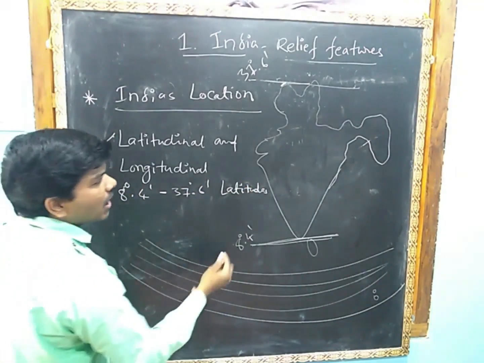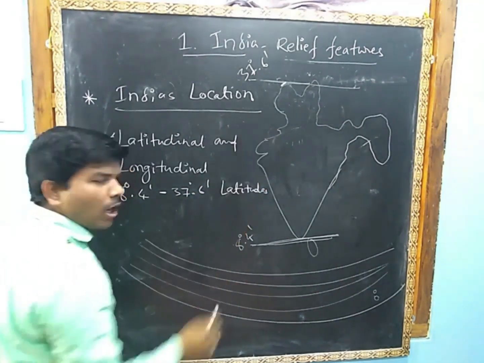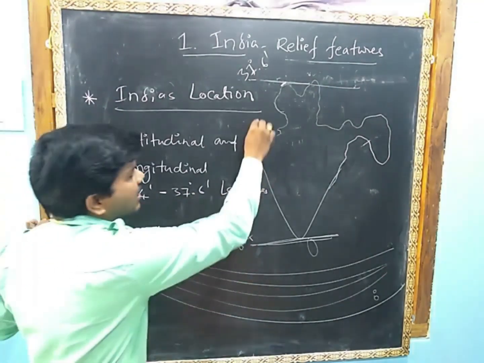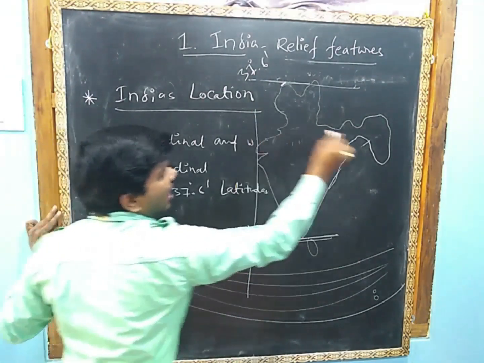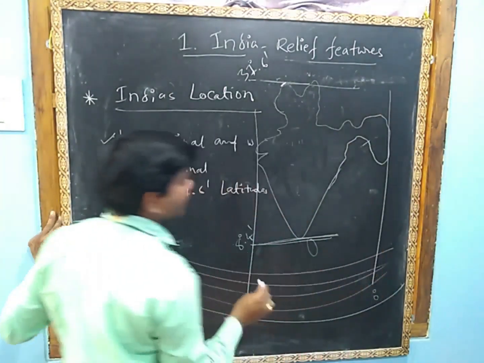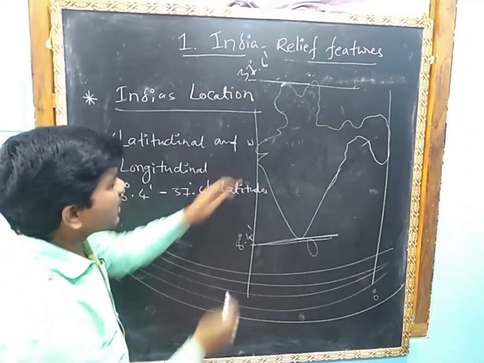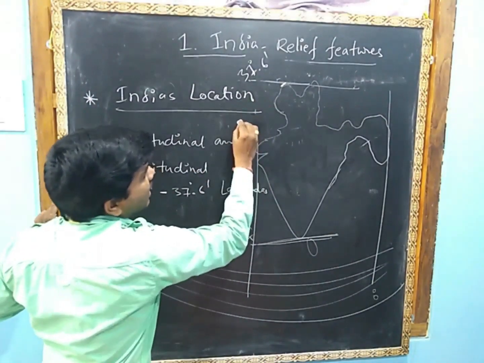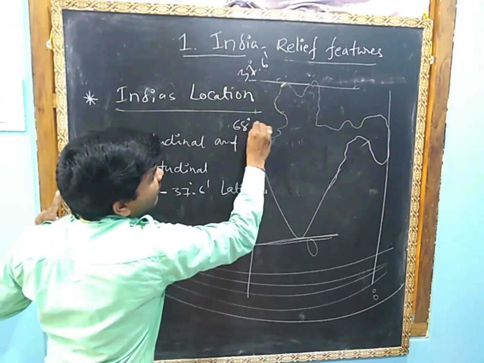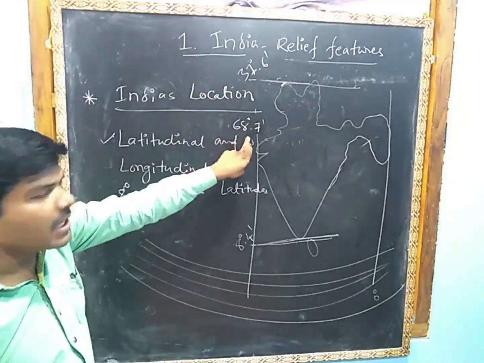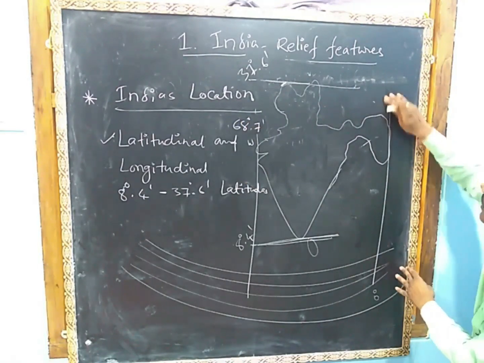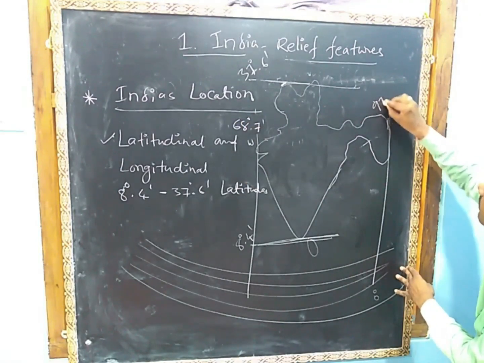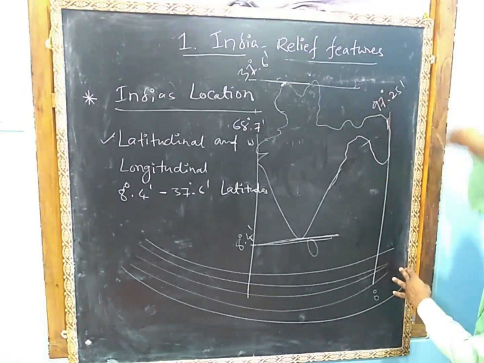Now let us see the longitudes. Longitudes are the vertical lines. From the west, here it is 68 degrees 7 minutes, and on the east side, 97 degrees 25 minutes.